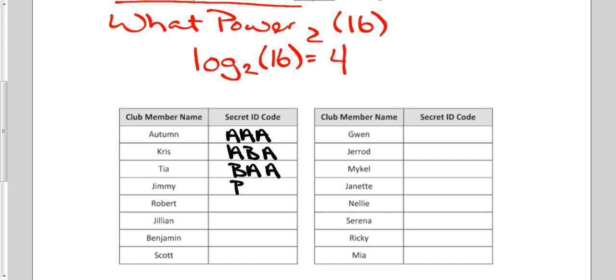Jimmy was B, A. And then Robert, Jillian, Benjamin, and Scott were the same first 2 letters, but with just B at the end. So then it was A, B, and then it was A, B, B. Then it was B, A, B, and then it was B, B, B.